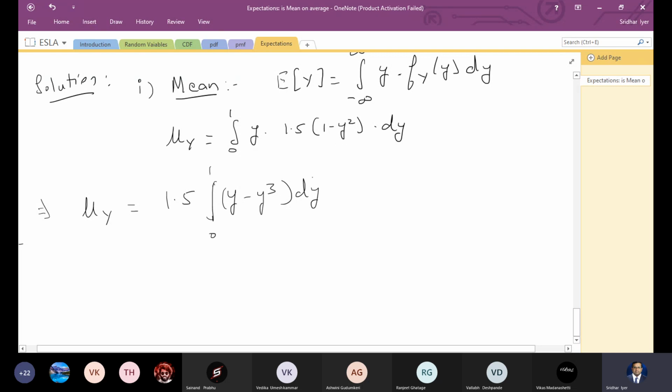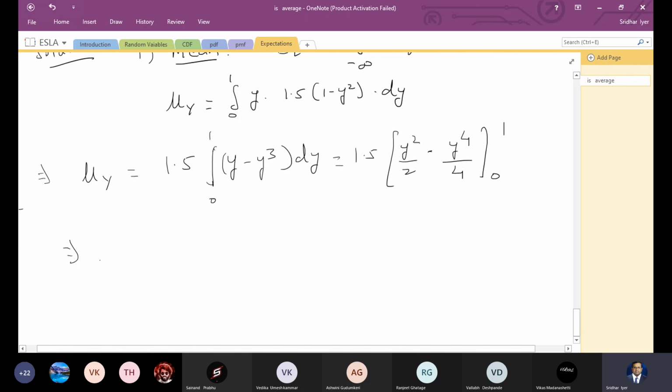Now let's integrate. y dy gives y square by 2, and then y cubed gives y raised to 4 divided by 4, and these limits will be from 0 to 1.